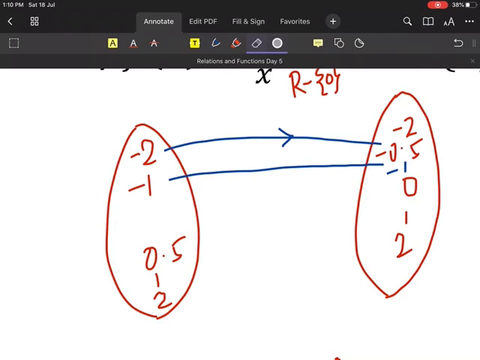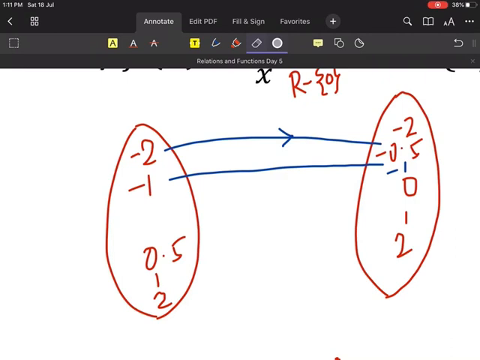This was my purpose of writing the 0 in there. So clear? 0 cannot be there.